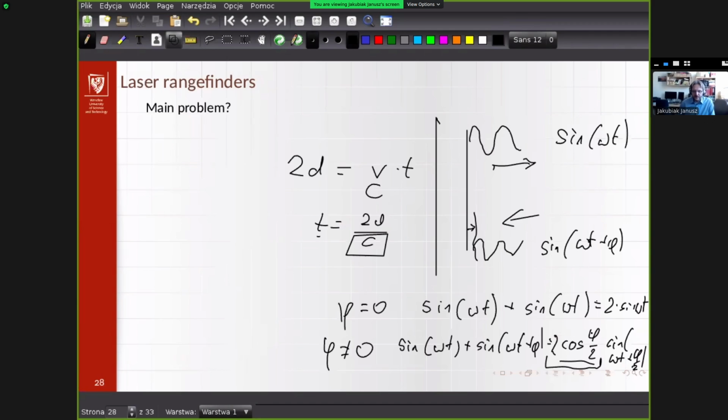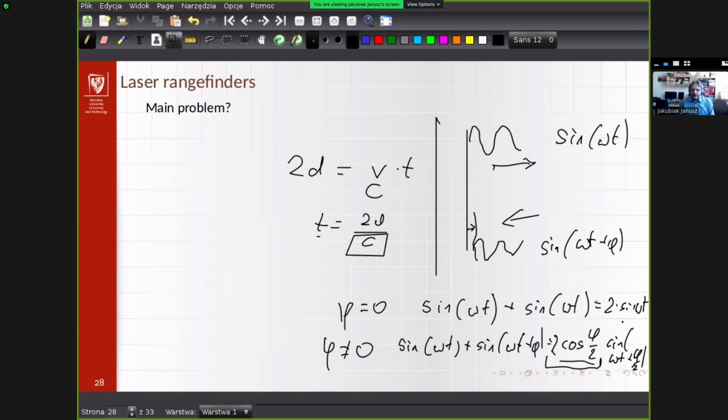When the phase shift goes towards pi, in fact, cosine of pi over 2 goes to 0, until the returning wave can cancel the original.